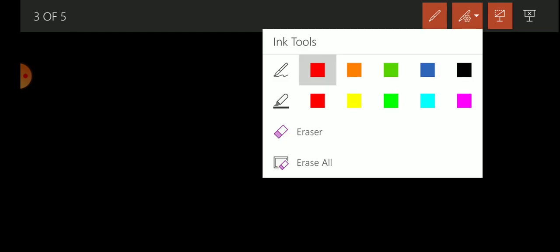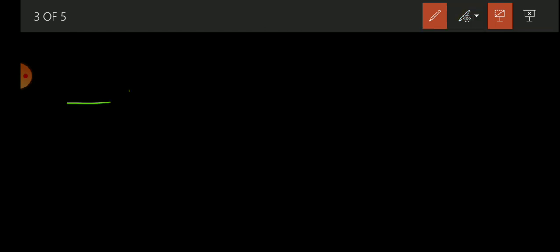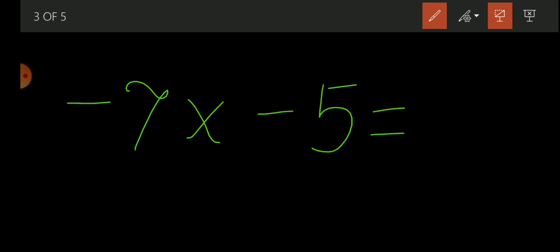Now, if I have minus 7 multiplied with minus 5. First of all, we will check the signs of both integers. 7 is negative and 5 is also negative. 7 5s are 35.